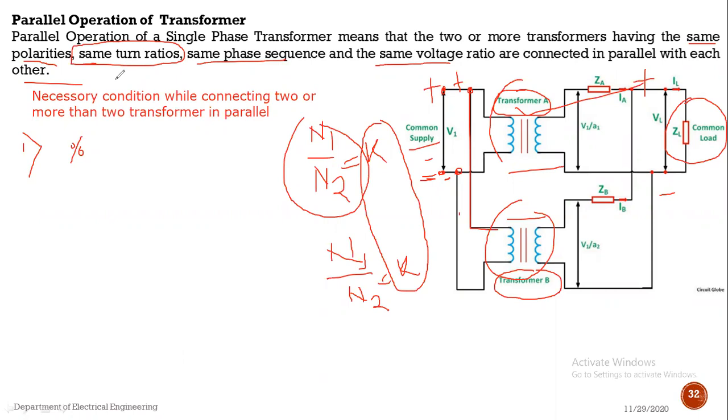Okay, again, if the percentage impedance of both transformers is not the same, then we are not able to put these two transformers in parallel. Okay, so these conditions are important, that means these are the necessary conditions. Only when these conditions are satisfied are we able to put two transformers in parallel.